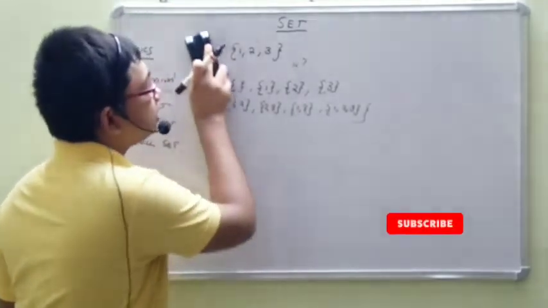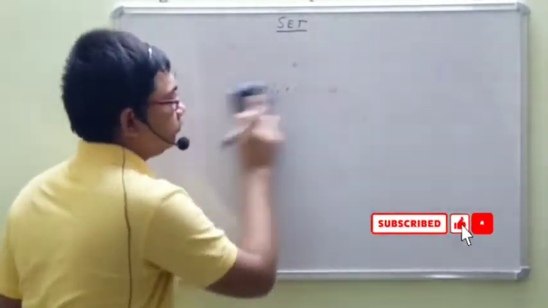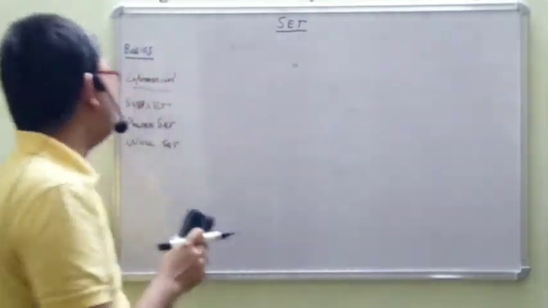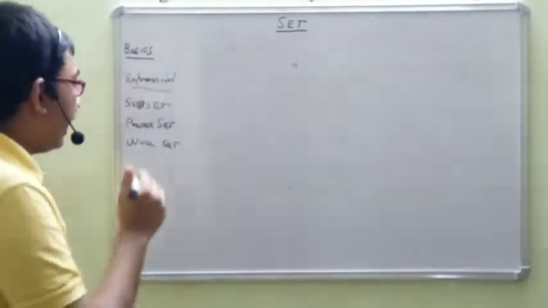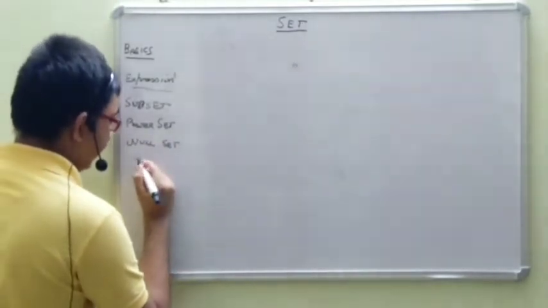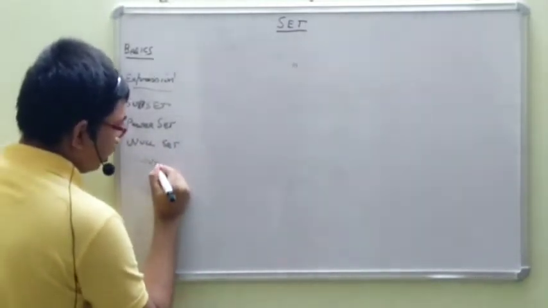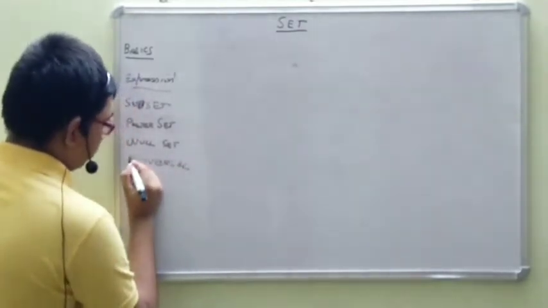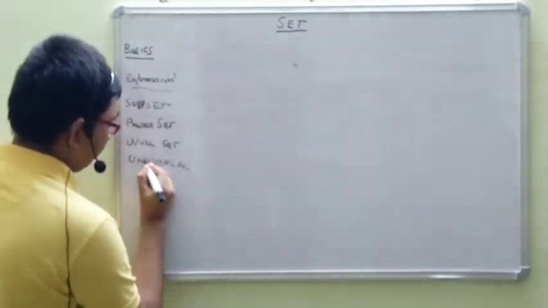Now we have learned subset and the power set. Now let us learn the universal set. Any set that contains the given set can be said to encompass the given set.